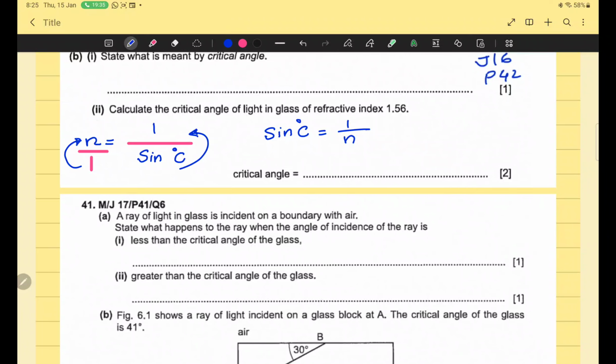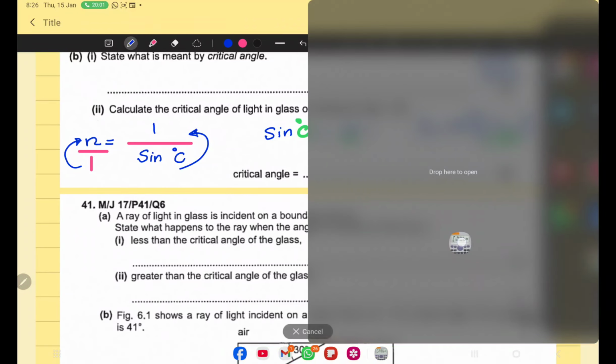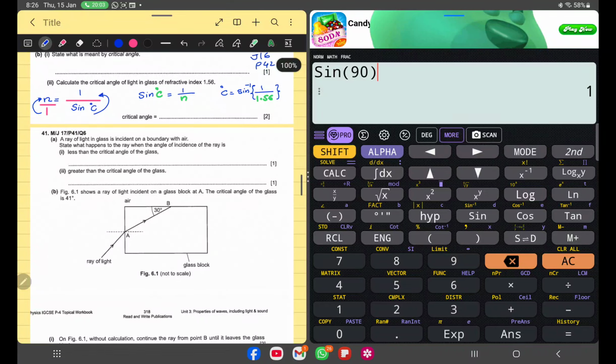Now I am putting in the value. The value of refractive index is 1.56. You have to calculate c, so this sine becomes sine inverse. Now I am using the calculator to show you how to calculate sine inverse.